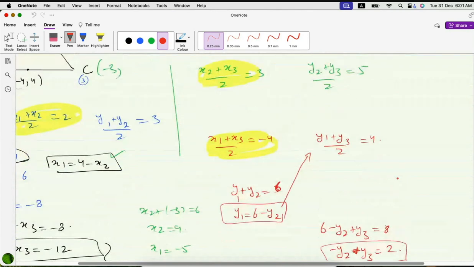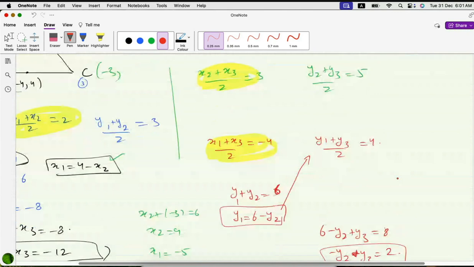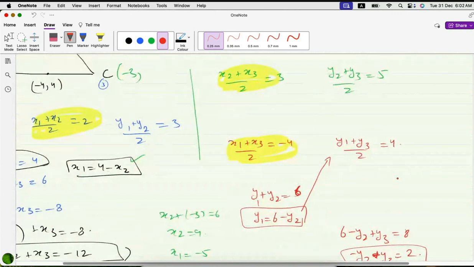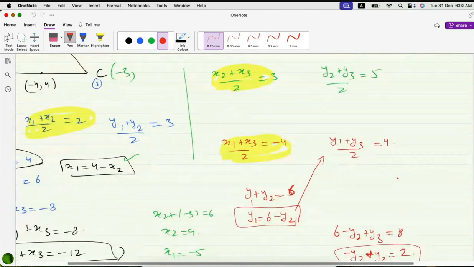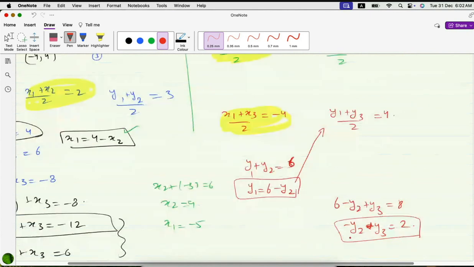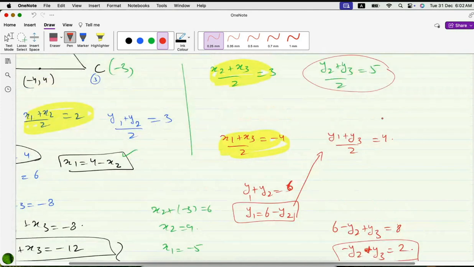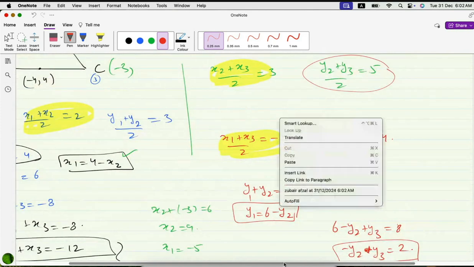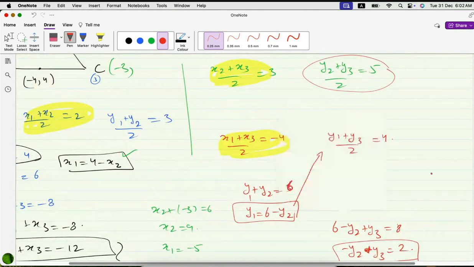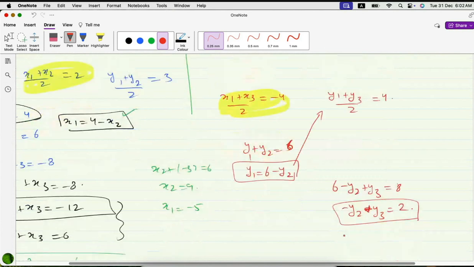Sorry, the first one was y1 plus y2 is equal to 3, so y1 plus y2 is equal to 6. y1 making that the subject is 6 minus y2. Replacing y1, now 2 and 3. So basically that is y2 plus y3 is equal to 10.